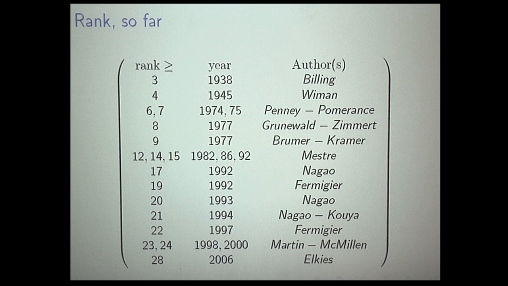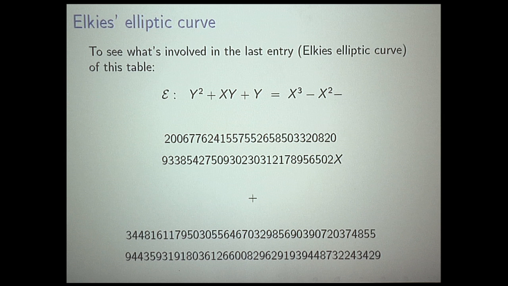As for the 28 example, which is due to Elkies, take a look at the coefficients of that elliptic curve. It's a tough business to actually compute.